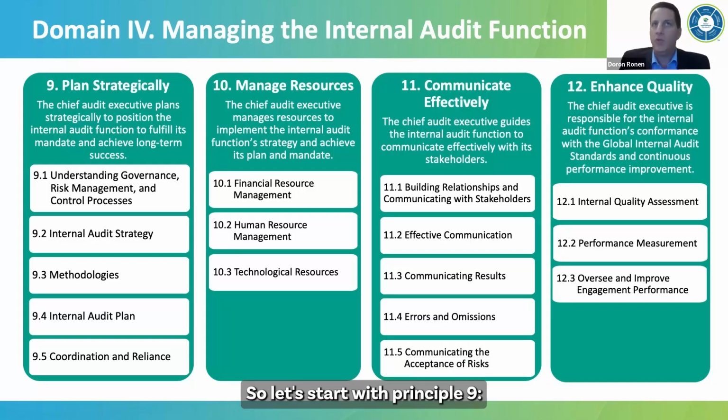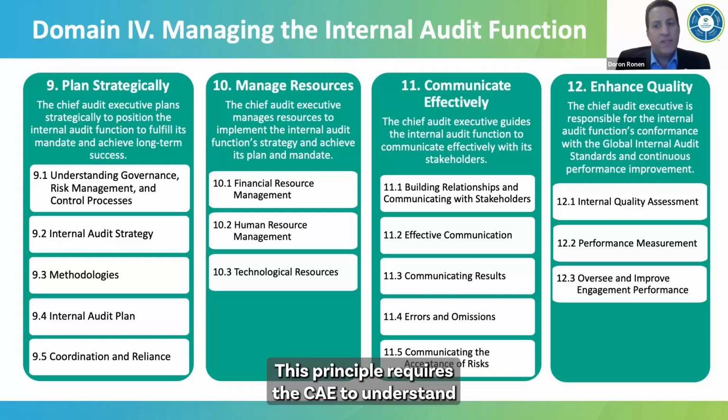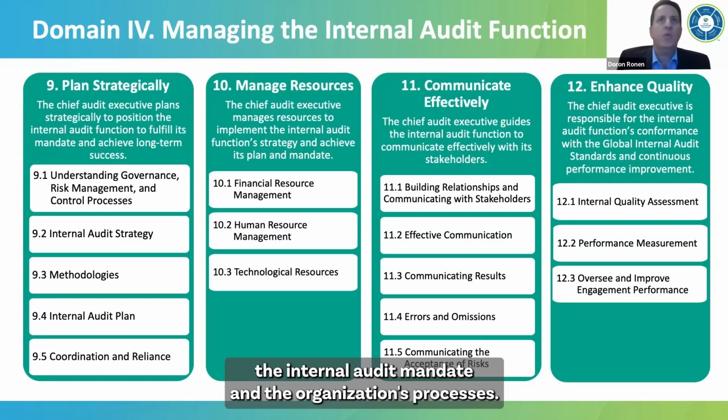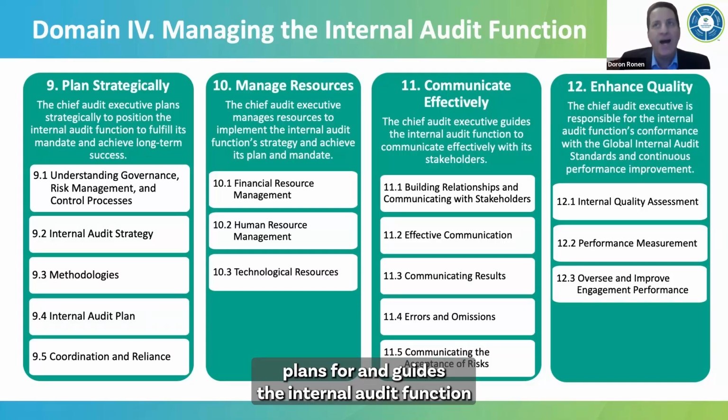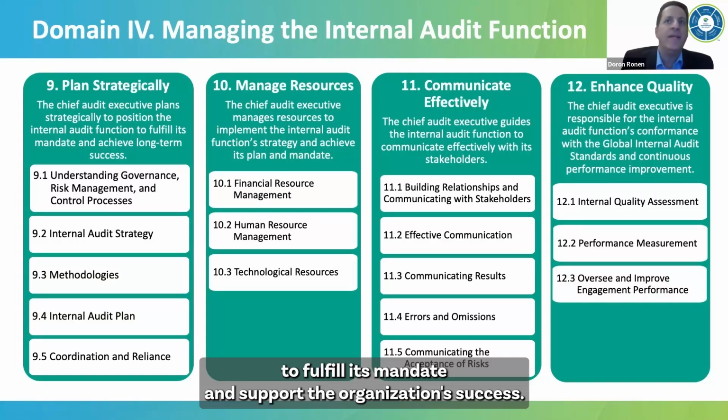So let's start with Principle 9, plan strategically. This principle requires the CAE to understand the internal audit mandate and the organization's processes. The principle also covers how the CAE plans and guides the internal audit function to fulfill its mandate and support the organization's success.